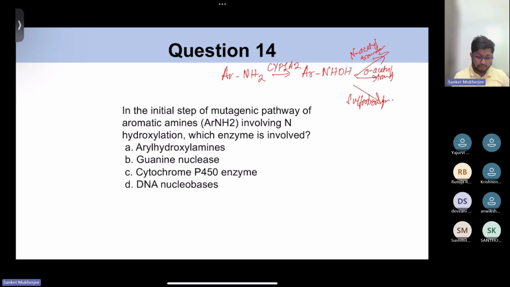These are some things which can be formed, and they can further be reduced to form nitrenium ions, which are carcinogenic. But this enzyme is a cytochrome P450 enzyme. It's given in the lecture slides as well.